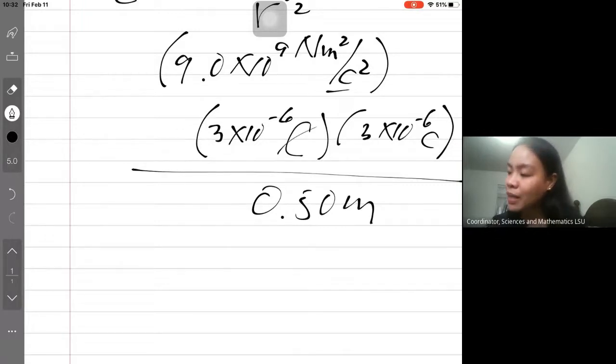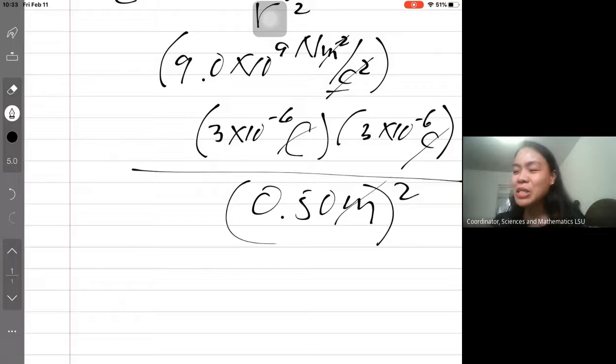So the coulomb cancels out, and the meter cancels out. So what remains is Newton meter. Now, sorry, this is squared because it is r squared, so meter squared also cancels out. What remains for our electric force?